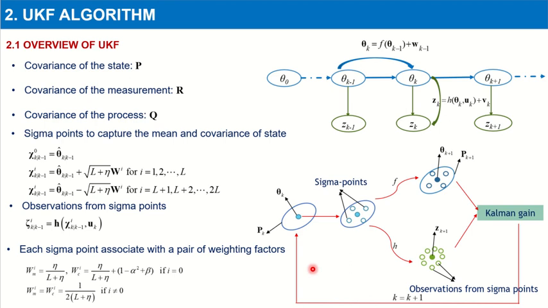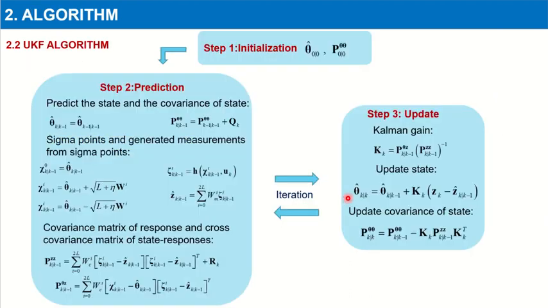For example, sigma points that are more tightly clustered around the mean will typically have a higher weighting factor, and if the sigma points are far away from the mean, the weighting factor will be small. We use the sigma points and the observations from the sigma points to calculate the Kalman gain, which is the most important matrix of the UKF algorithm.